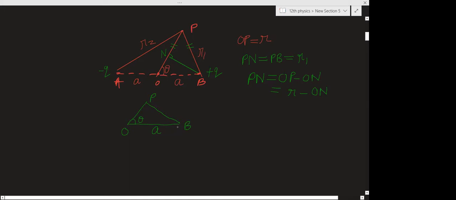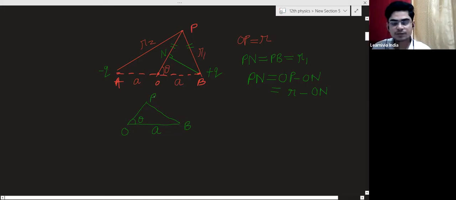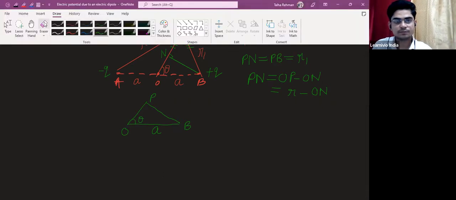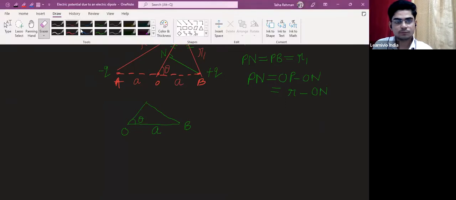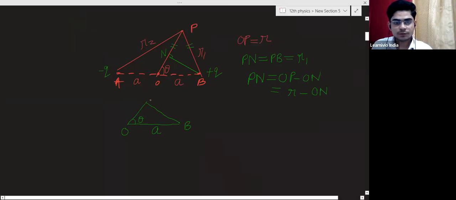Yeah. Oh, actually this point is not P, this is N. This is point N, and this angle is 90 degrees.